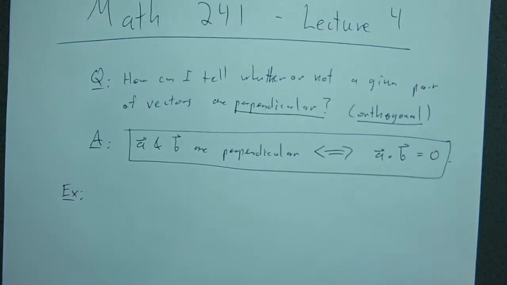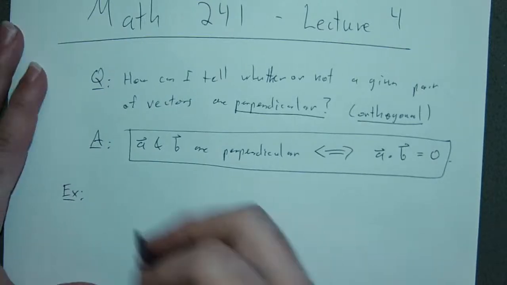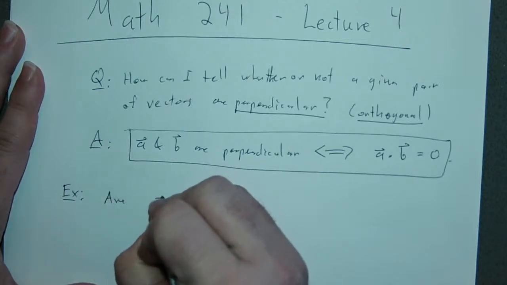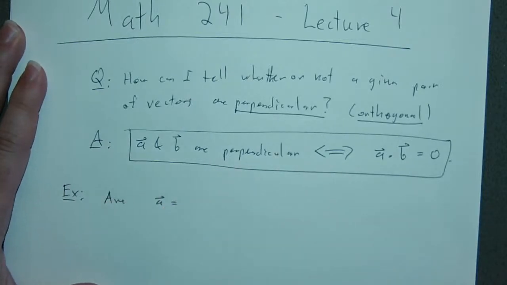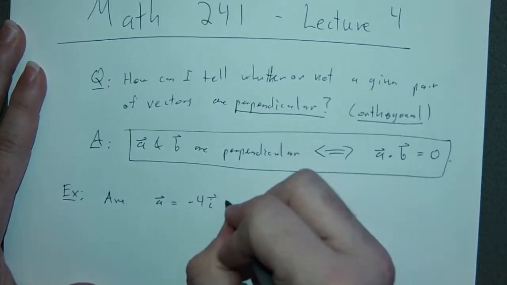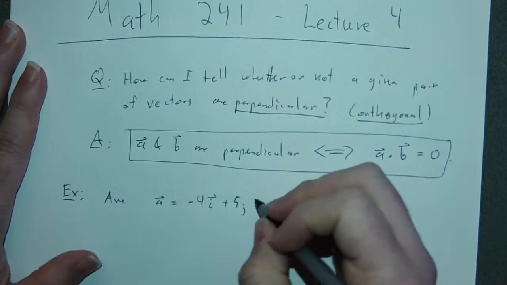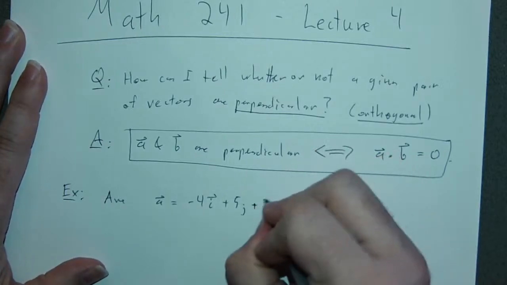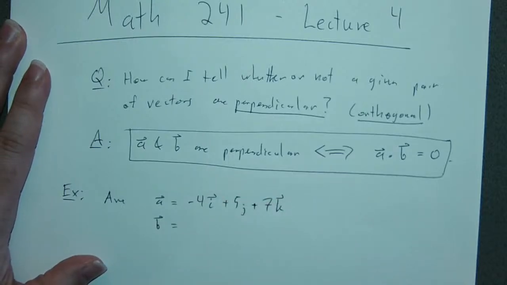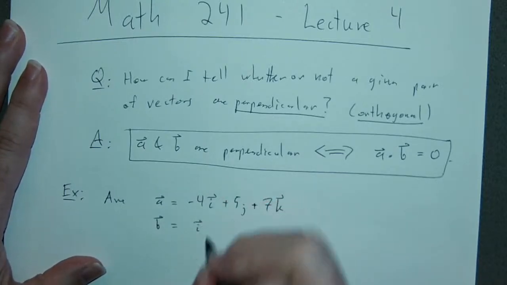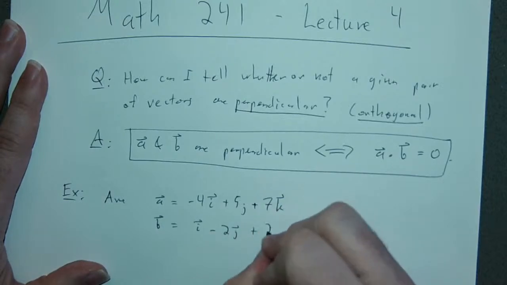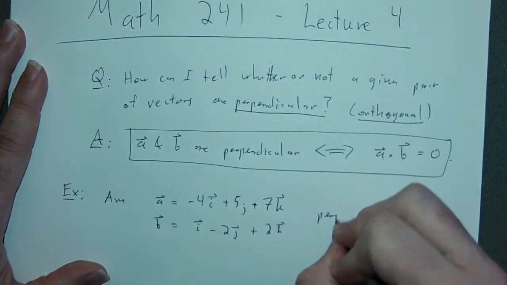So, quick example. Are the two vectors A and B perpendicular? We'll say A is minus 4i plus 5j plus 7k, and B, written in the same notation, is i minus 2j plus 2k.